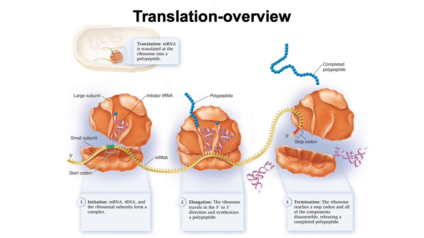Just like we saw with transcription, we can divide translation into the same three steps. There's an initiation step, an elongation step, and then a termination step. This slide shows just an overview, and then we'll look at each one in more detail in some subsequent slides. But remember, in eukaryotes now, we are out in the cytoplasm.